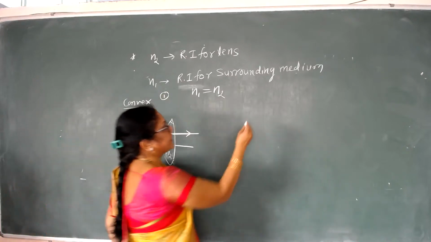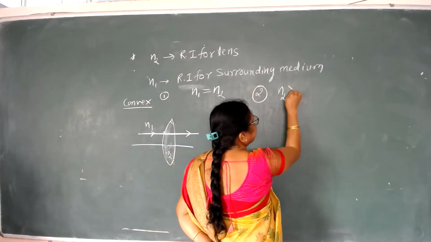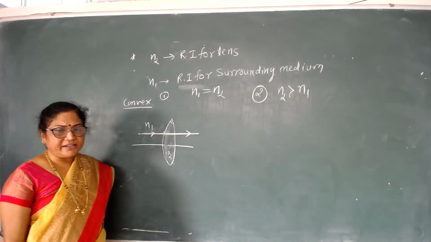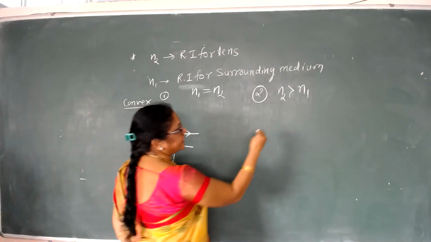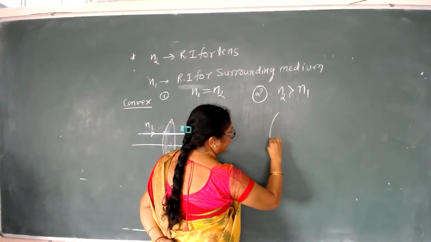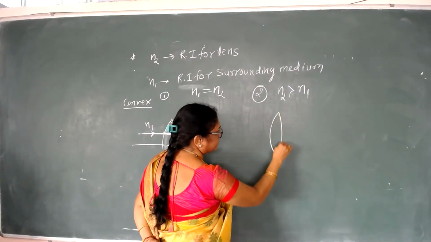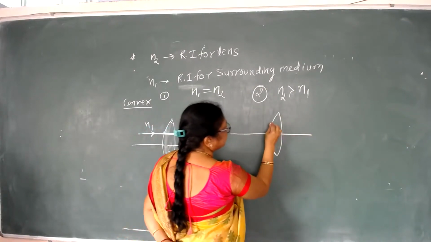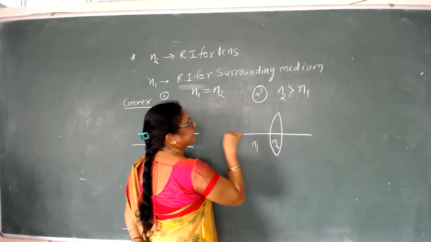Then see the second figure, when N2 is greater than N1. Draw the ray diagram. When N2 is greater than N1, consider a convex lens. In this convex lens, the refractive index of the lens is N2 and the surrounding refractive index is N1.